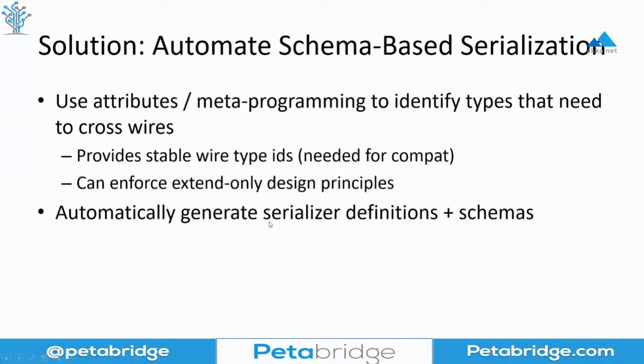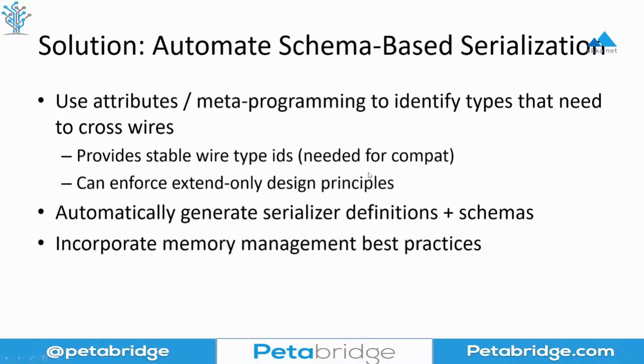We want to be able to automatically generate serializer definitions and schemas. Basically, we want to be able to write the serializer and string manifest class for you using these metadata attributes, and to help keep those serializer IDs plus the manifest stable across hundreds of new versions of your software.